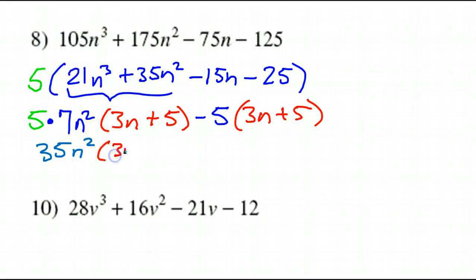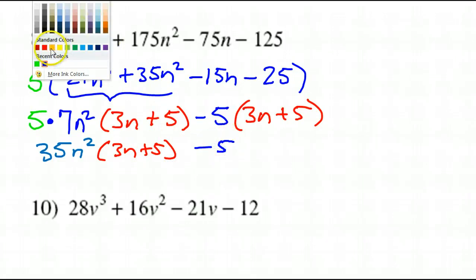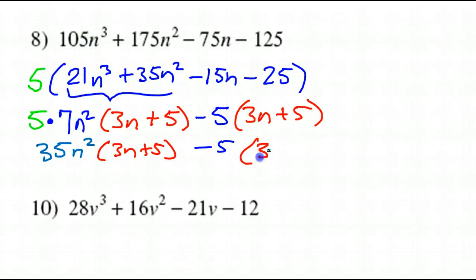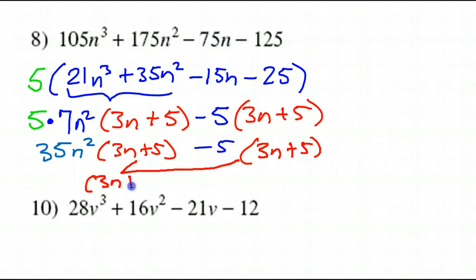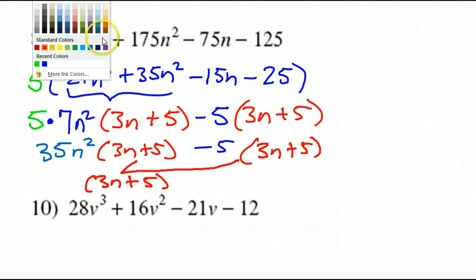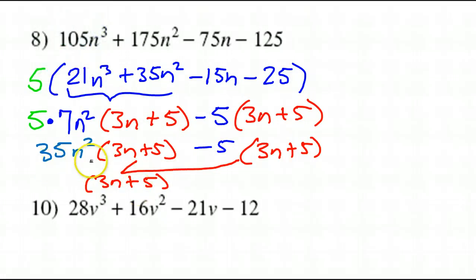And then the rest of it, 3n plus 5 minus 5 times 3n plus 5. Okay, let's put the common factor out front. So that gives me 3n plus 5, and then times the blue stuff. So 35n squared minus 5.